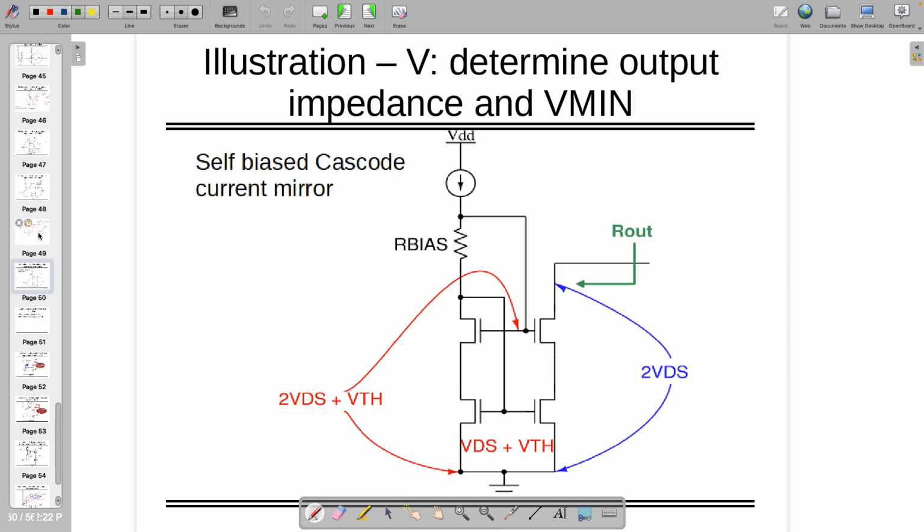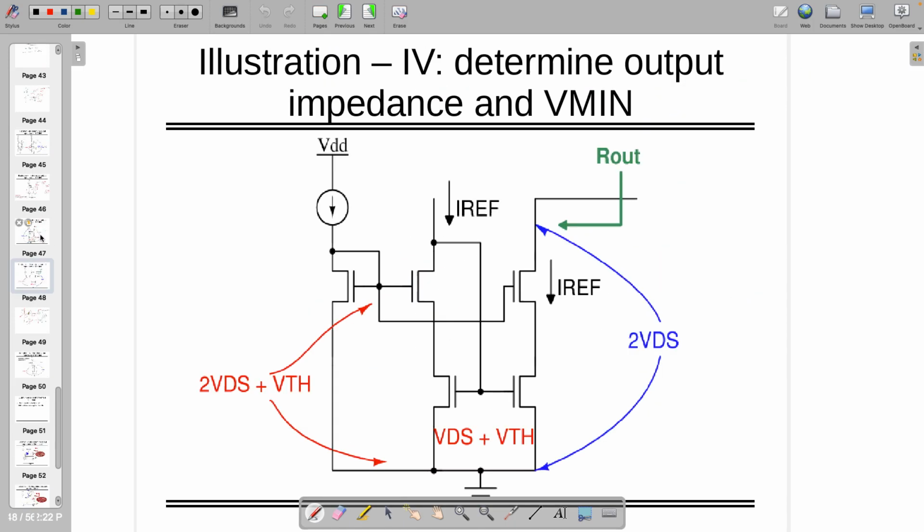As I already told you about this, another solution is if this is VDS plus VTH, and if this is VDS, then it's 2 VDS plus VTH, so the output is 2 VDS.